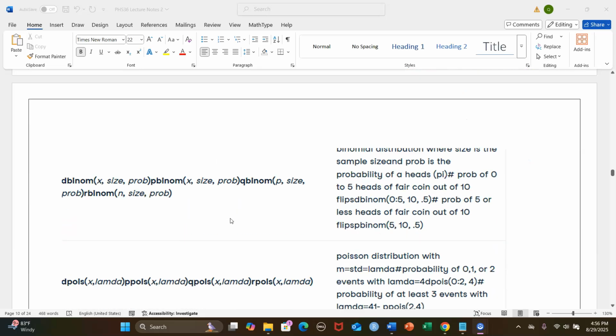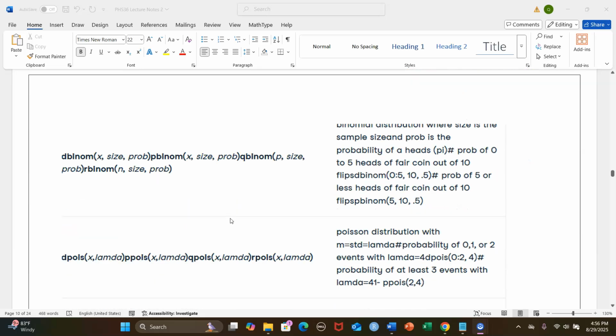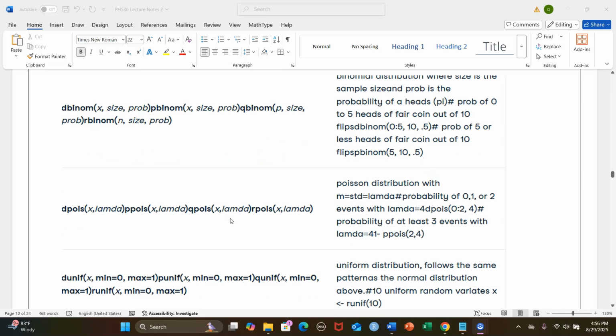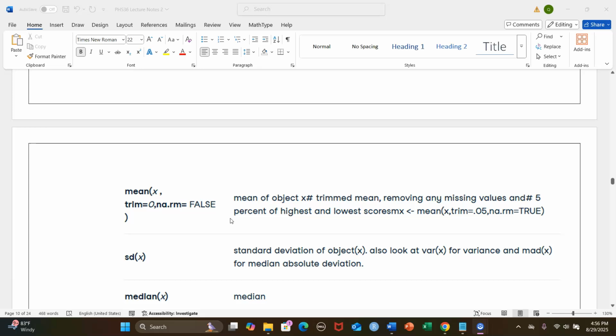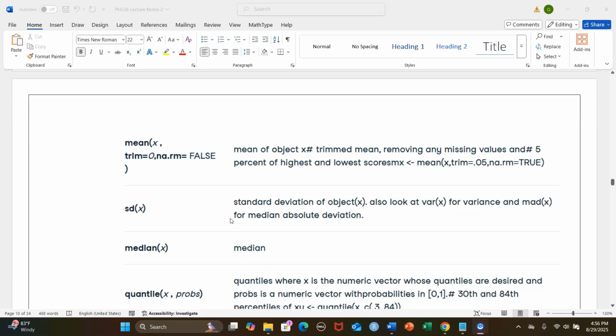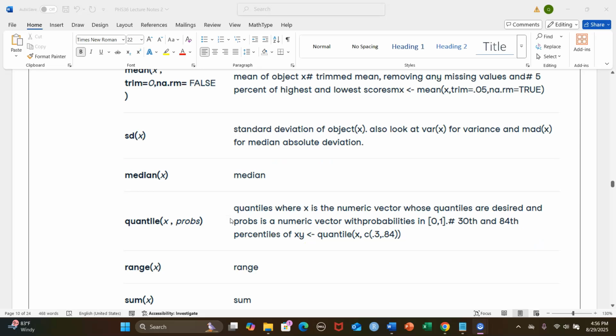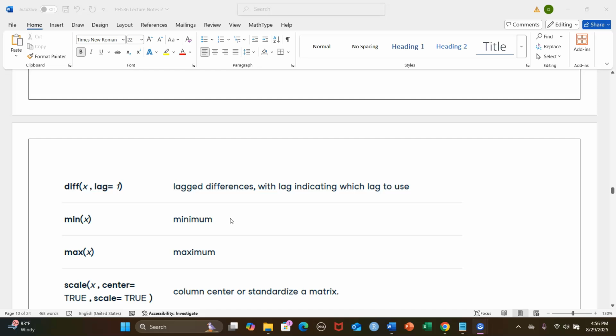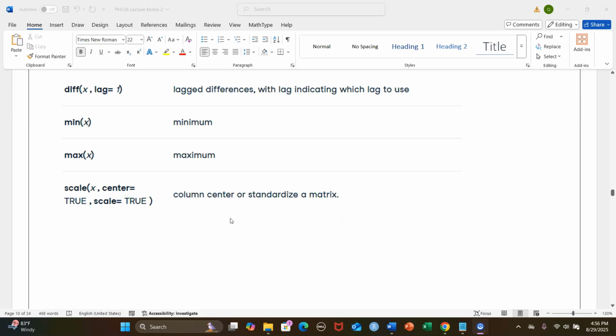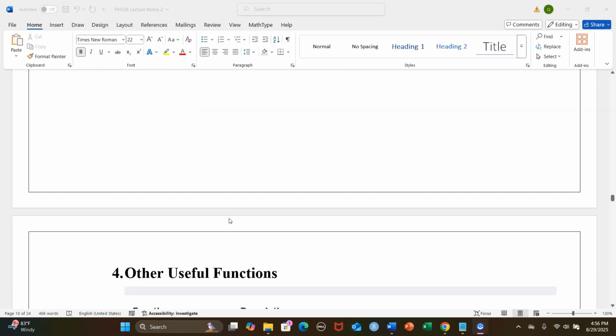This is also the same for other distributions like binomial, dbinom, dpois for Poisson, and dunif for uniform. You also have very simple statistical functions for mean, standard deviation, median, quantile, range, sum, differences, minimum, maximum, and scale. Scale is for standardization. Column centering will standardize a matrix. This comes in very handy when you want to standardize a column or even a data set.